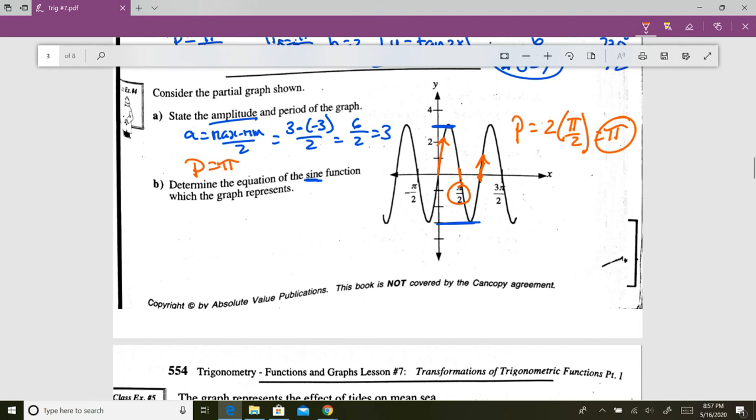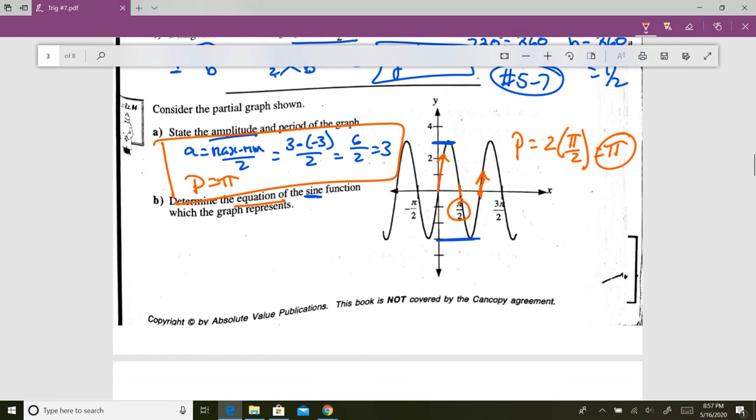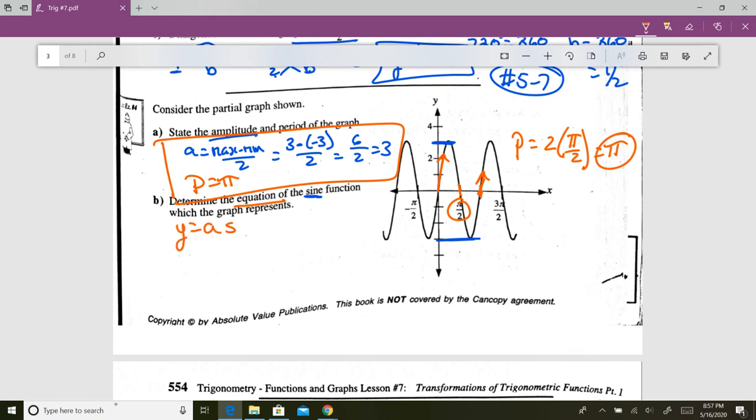All right. Now they want us to generate the equation. So at this point, because I know A and the period, it is just like these questions up here. So the general formula is A sine bx. I know what A is. A is 3. I do not know what B is, but I do know the period.